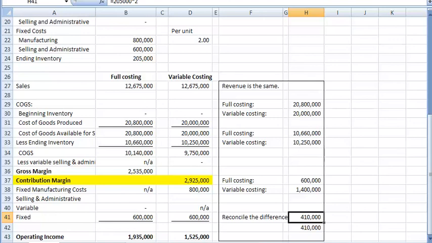And so that in and of itself is the main advantage of the variable costing method. What it does is it eliminates the temptation to overproduce. So you're not going to look any more favorable under variable costing if you build up your inventory. So under full costing, when you do build up your inventory, you get a better bottom line because some of your fixed costs don't flow all the way down.